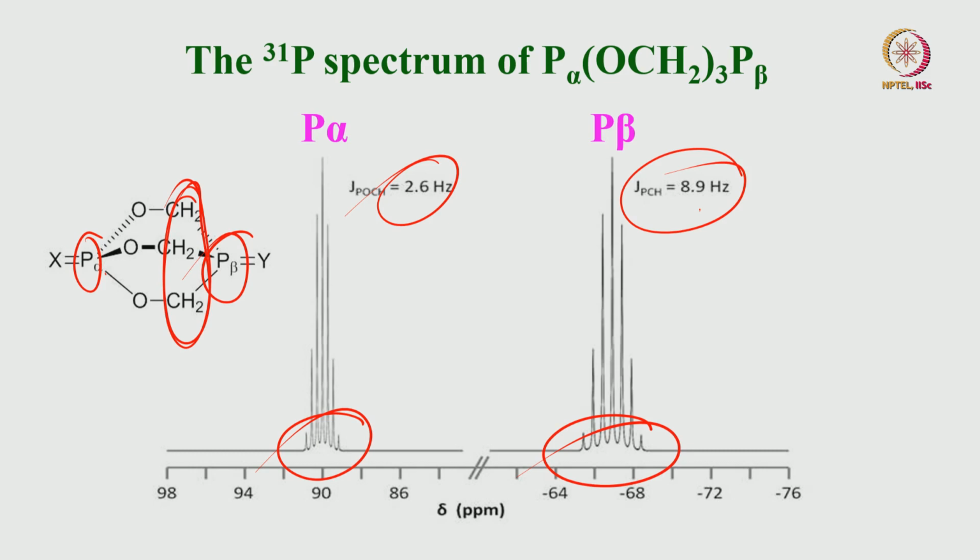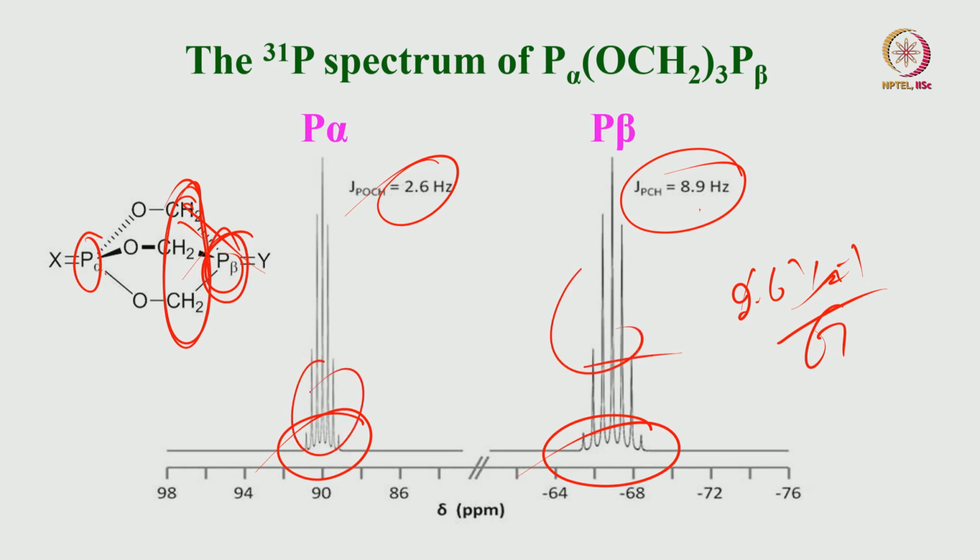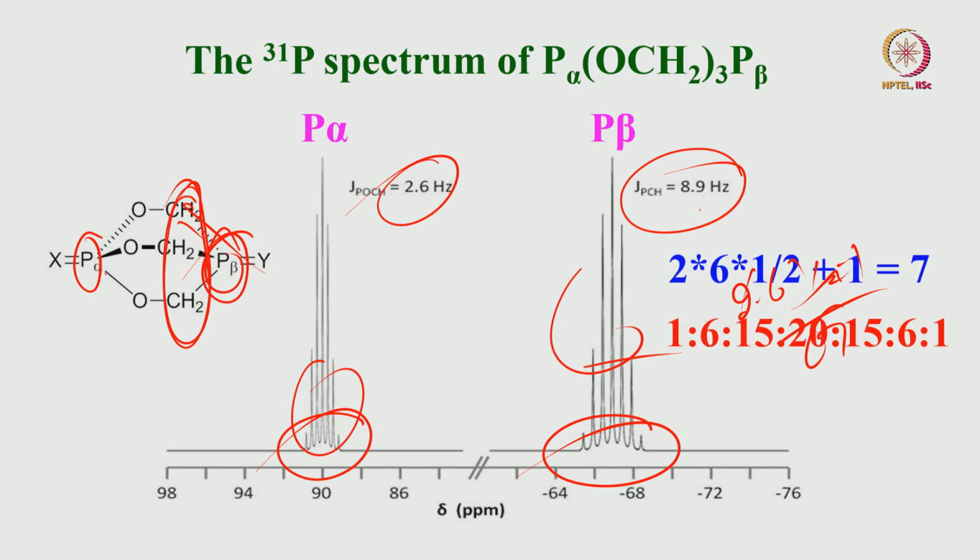And very easily you can say why it is a 7 line pattern, because all the CH2 protons are equivalent. 2 into 6 into half plus 1, you get a 7 line pattern. It is a septet pattern, like what we saw in the previous example for CF3. Exactly, we are getting a 7 line pattern, a septet, and for 2 phosphorus 2 septets are there, and couplings are different, so separations are different. Very easily you can even assign this is P beta, because the coupling is large, separation is larger, this is P alpha. So from the separation, you can make the assignment of each of these phosphorus.